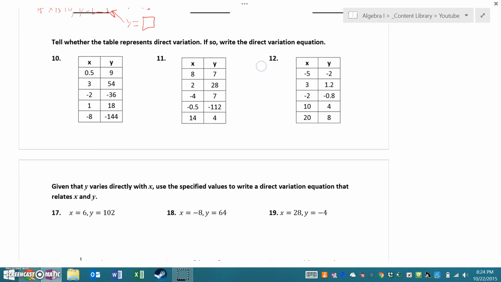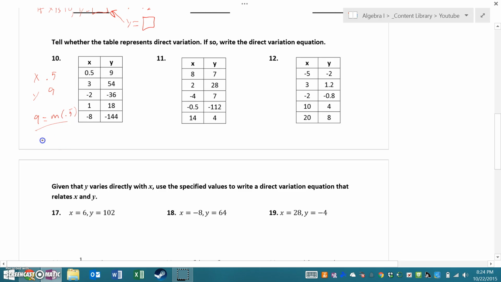So for example, for number 10, if x is 0.5 and y is 9, then if this is a direct variation, I should be able to write out the equation like that.